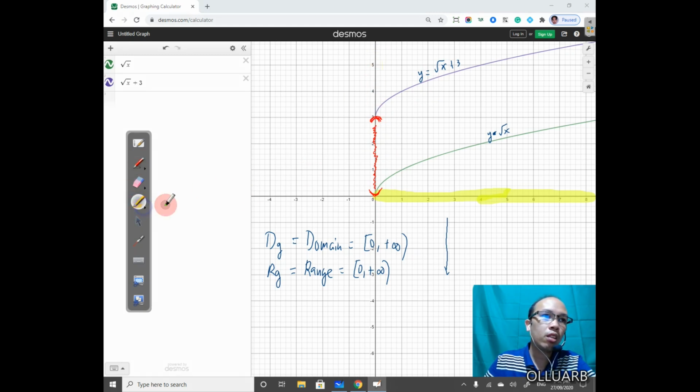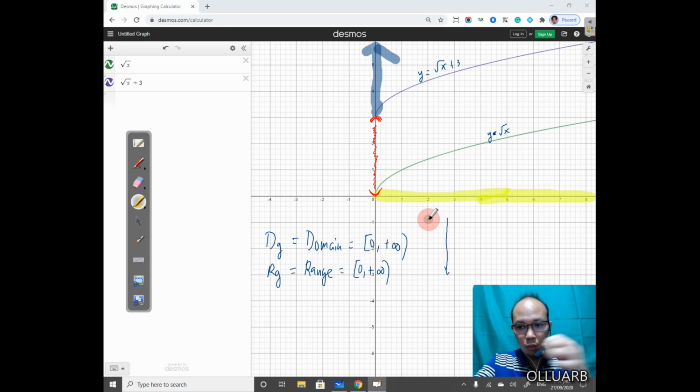So as you can see here, let's try blue. We'll start from here. These are the points upward. So it depends upon the equation. If you know how to visualize it in the graph, how to locate the domain and the range, as I've mentioned before, it's easy.